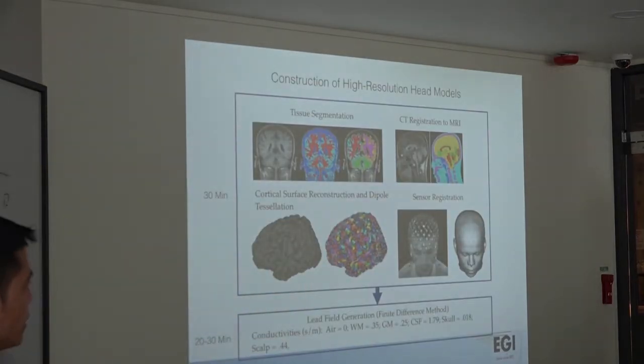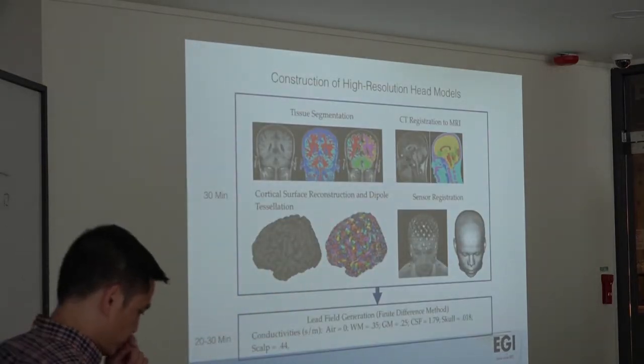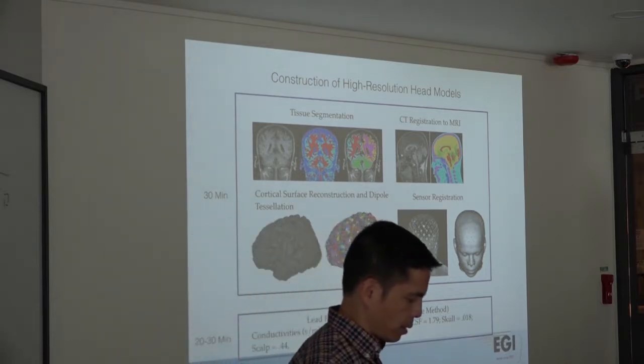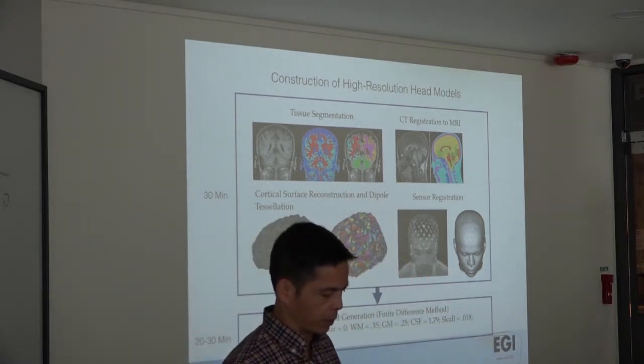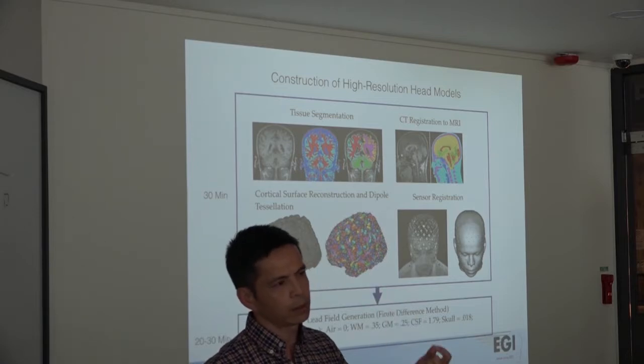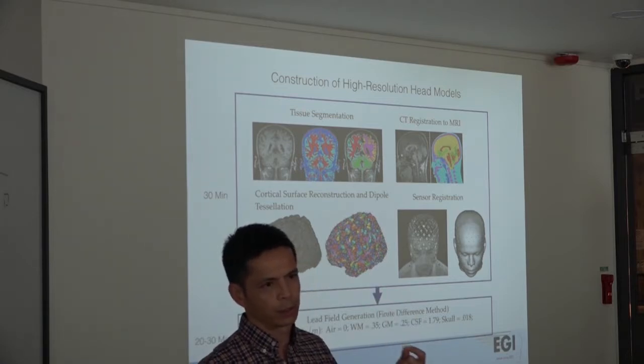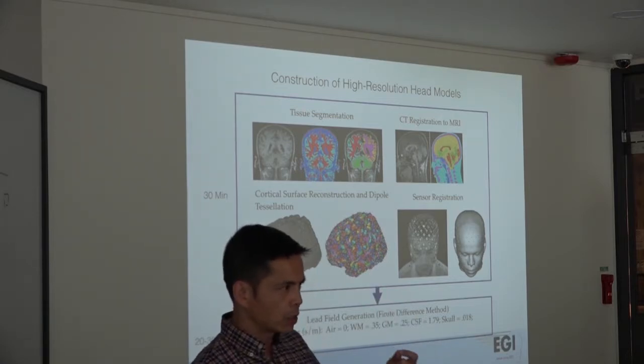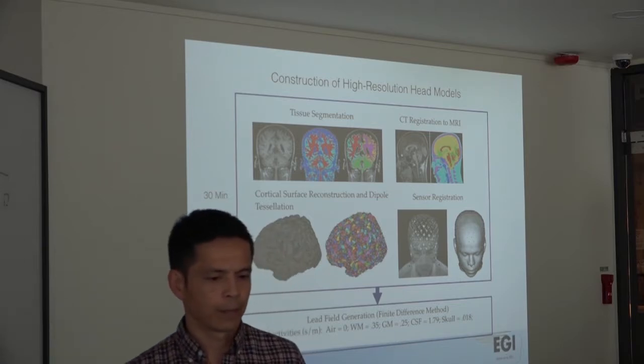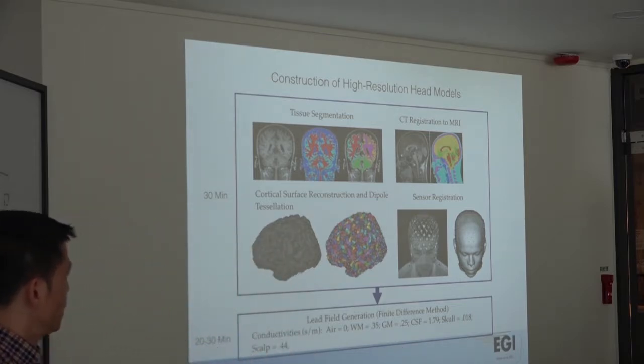What's unique about GTEN is this. Remember in my previous presentation, I talked about the high-resolution head models that we build for source analysis. That's really what's unique about GTEN, and I'll talk about it again.